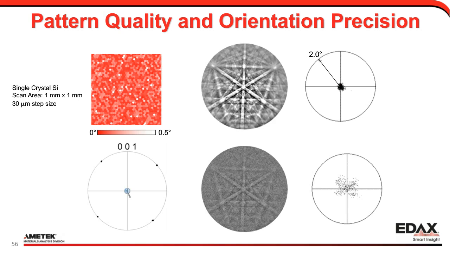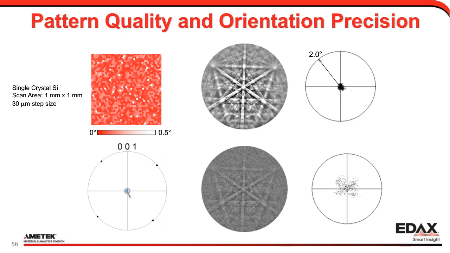Notice the pole figure goes out to only 2 degrees, not the full pole figure in the bottom left. Now, if we add noise to the patterns, simply a Gaussian noise for this example, then you can see that the cluster isn't nearly as tight. There's more noise in the pattern. So as we increase noise, the precision goes down.